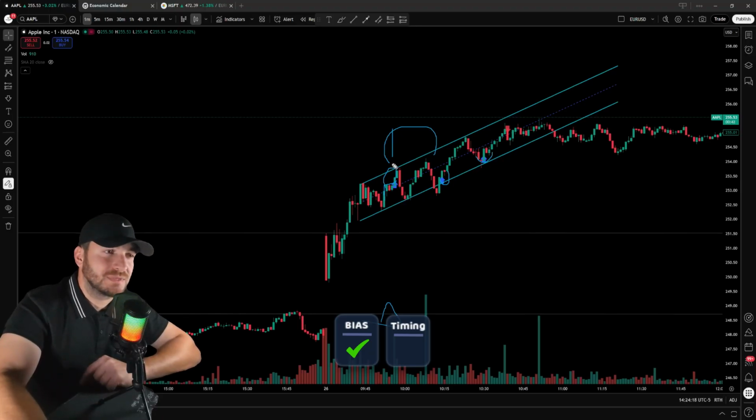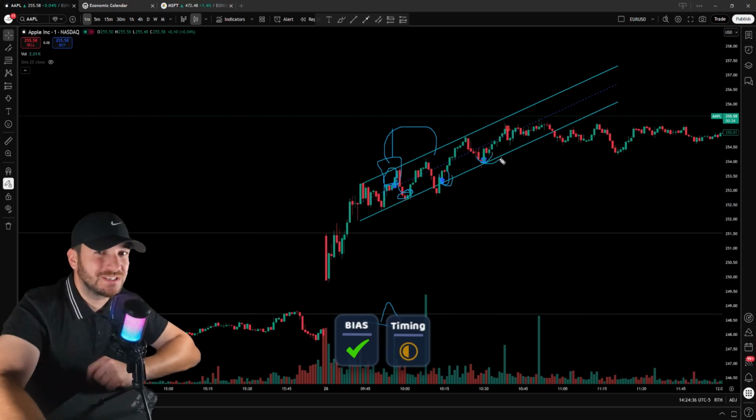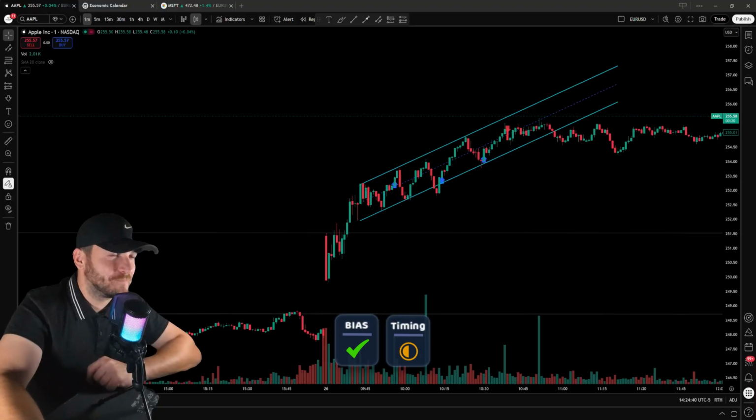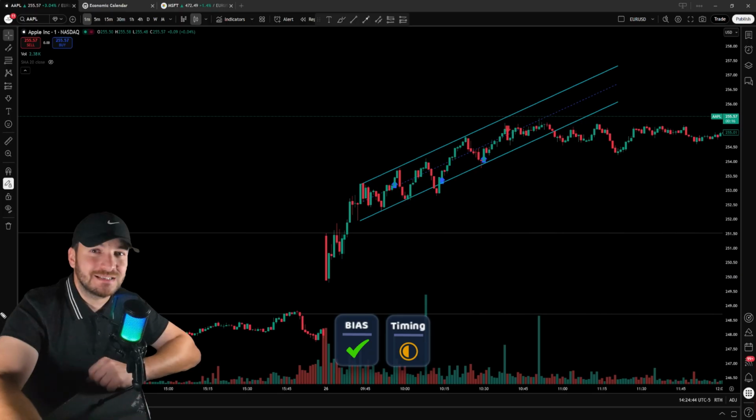So this for me was a bad trade, a bad entry point, and I should have just not traded this, probably waited for it. Right here would probably be a better point, but it didn't happen. So timing, because of these other 2 points, I will give myself a 50%.